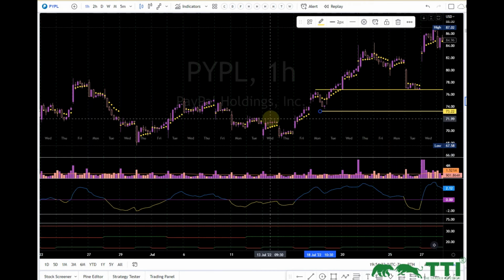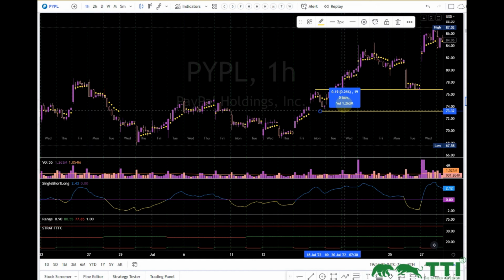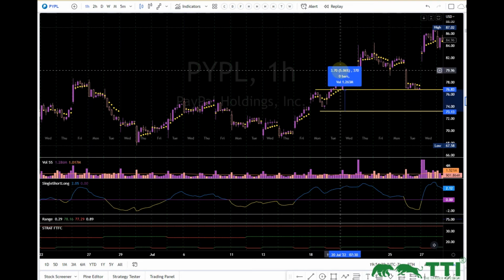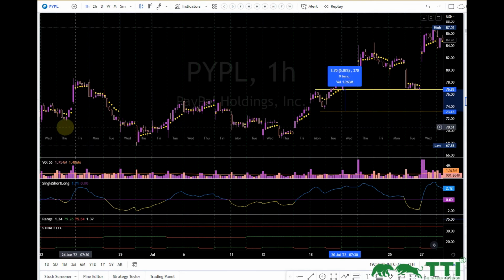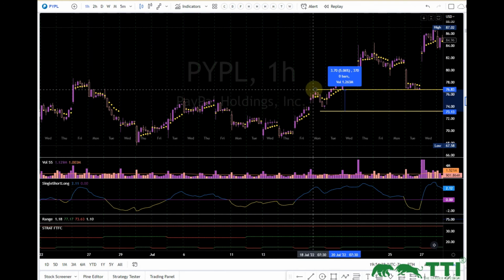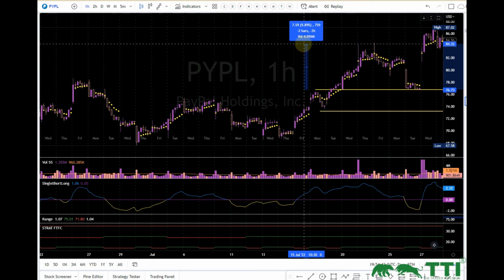And then what I want to do from there is I measure this distance. It's $3.70. So I multiply that by 2, it's $7.40. So my exit here has to be $7.40.